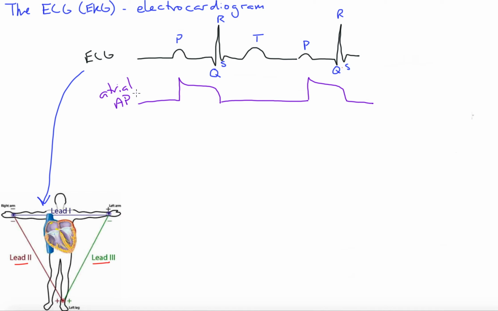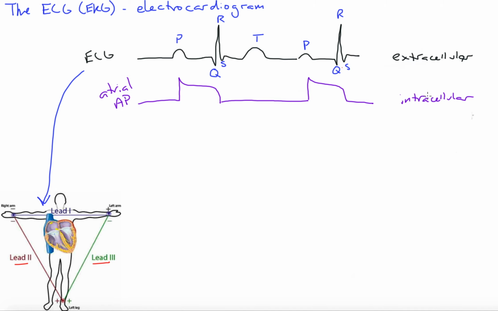Now, is there one cell in the atria? Of course not. There's millions. I'm drawing one representative action potential. And again, this would be an intracellular recording. Remember, this is intracellular. This, of course, is extracellular, in terms of the recording, where we're putting our electrodes for the measurement of the voltages.